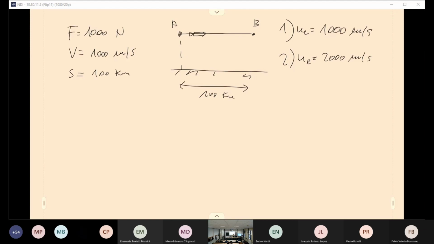So what we would like to know is the propulsive efficiency in both cases, and the total propellant mass used to go from point A to point B. How much mass we are going to consume.